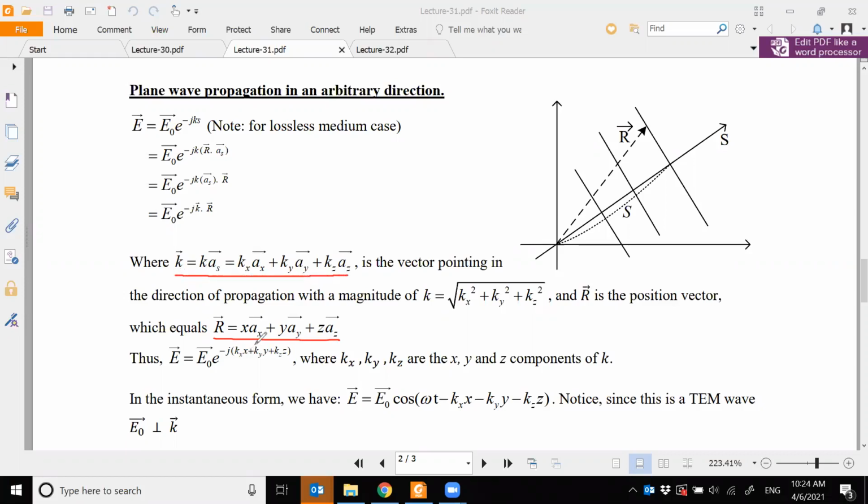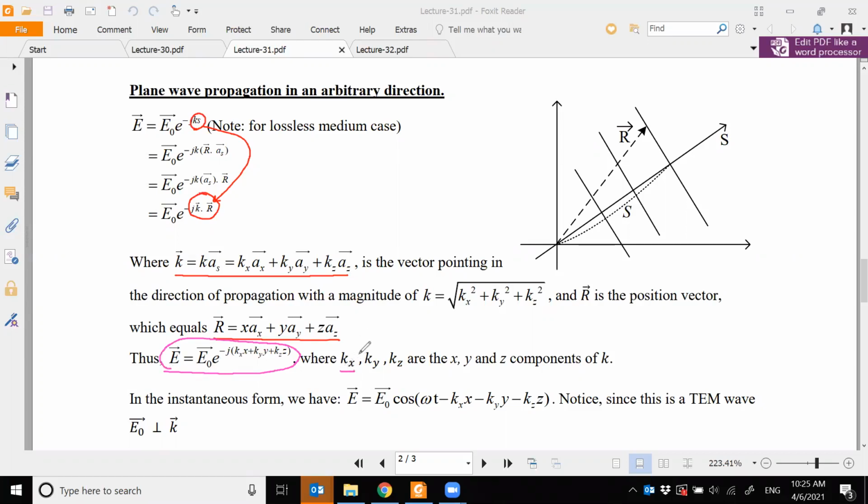And then we tried to get this K·R, and when we simplified it, we ended up saying that this is nothing but my K bar dot R bar. And when I dot product them, I get the end answer.